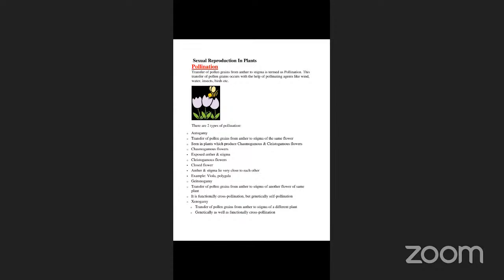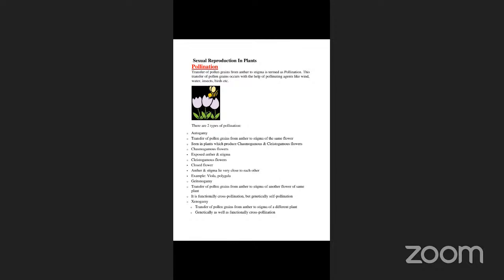Structure of embryo sac: generally the embryo sac shows three parts, that is, the egg apparatus, antipodal cells, and central cell. One side is the micropylar region, and the opposite side is the antipodal region. The antipodal side has three cells, and the micropylar end shows three cells.